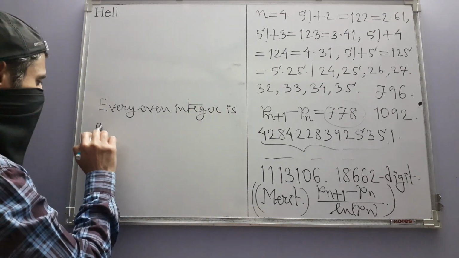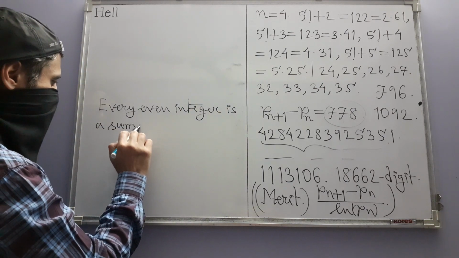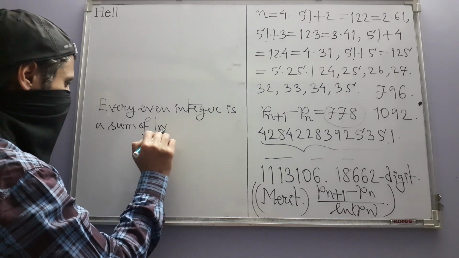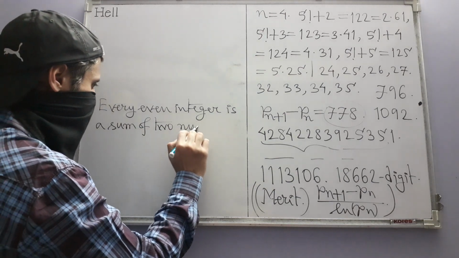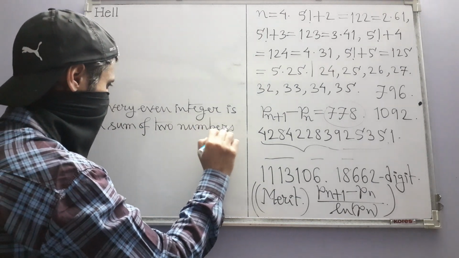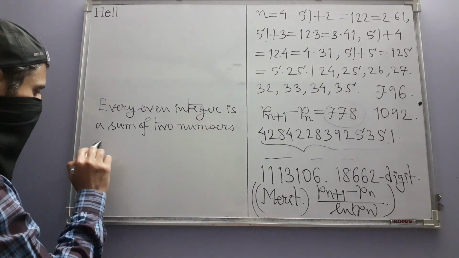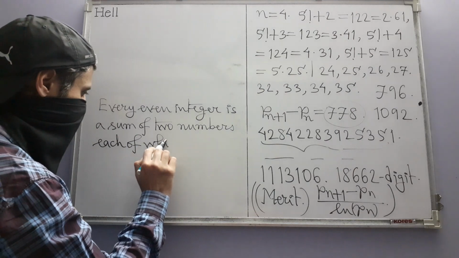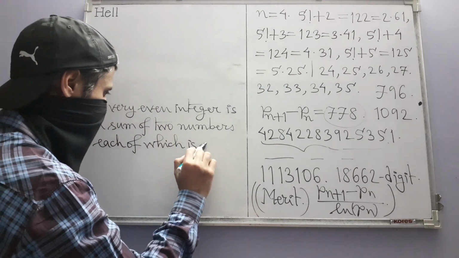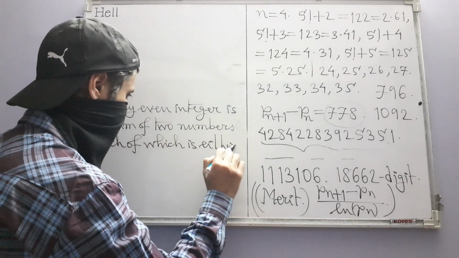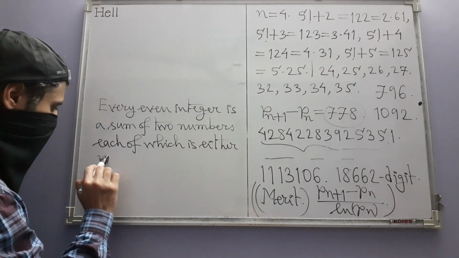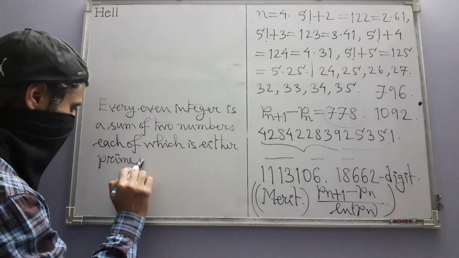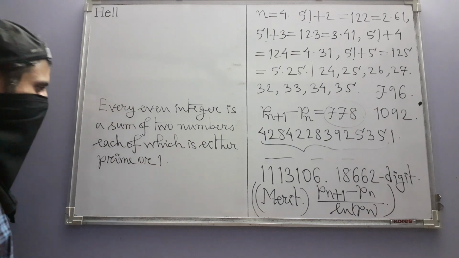is a sum of two numbers, two integers of course, each of which is either prime or 1.